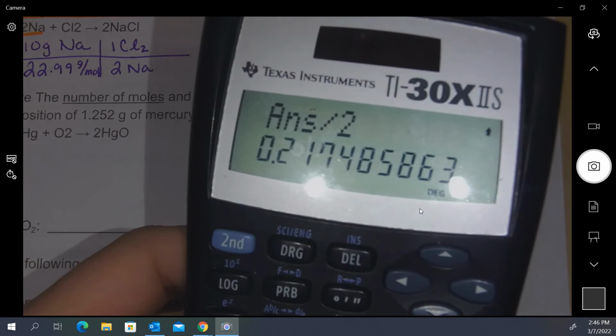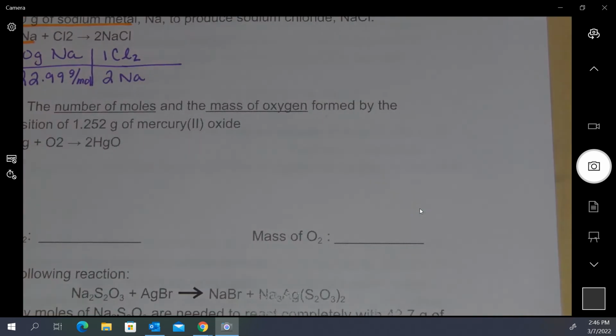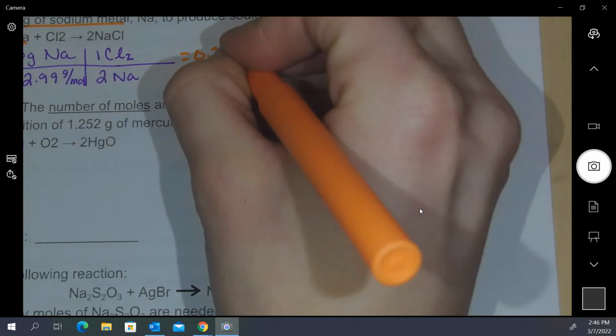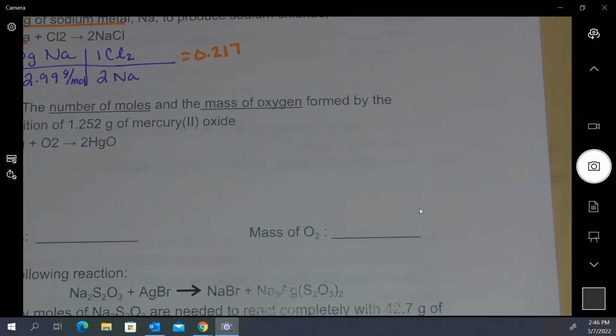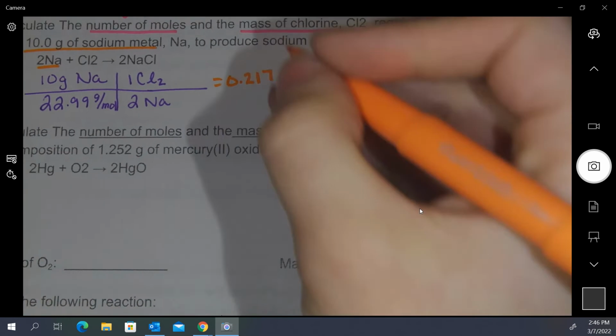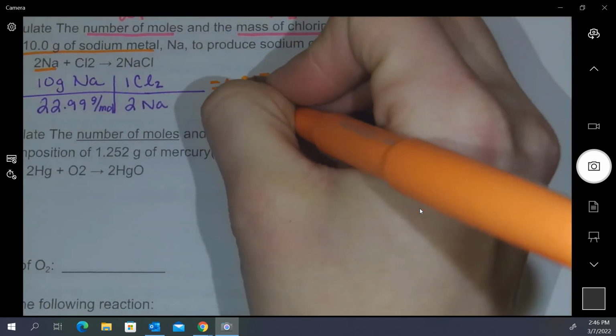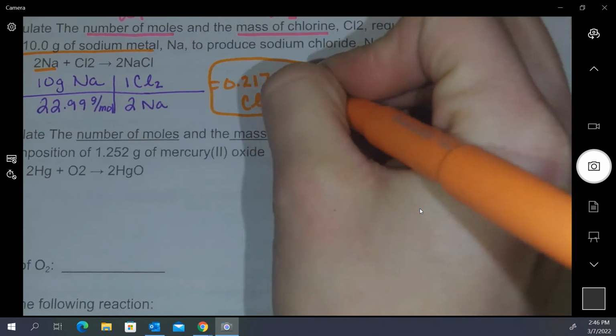You should get 0.217. What's my unit for that? Moles of Cl2. So there's one answer.